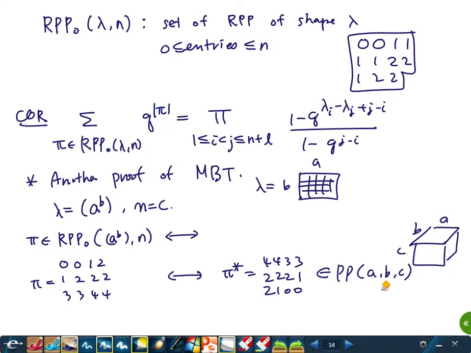All that remains is to compute and simplify or modify this product. Okay? So let's do this on the next page. So the theorem, this is MacMahon's box theorem.